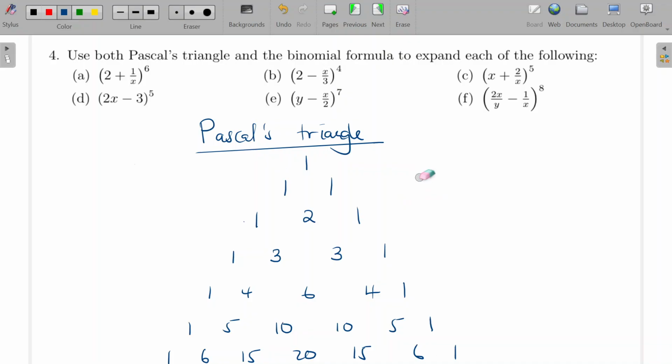Okay, so they tell you to use Pascal's triangle and they've given you to expand a plus b squared. Okay, so we know this one.